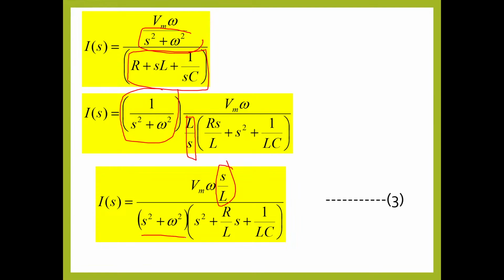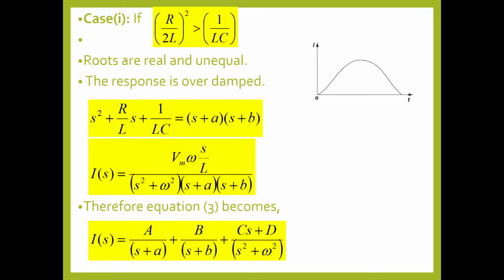So in the denominator I have got s square plus R by L s plus 1 by LC. Now I have considered it as equation 3.